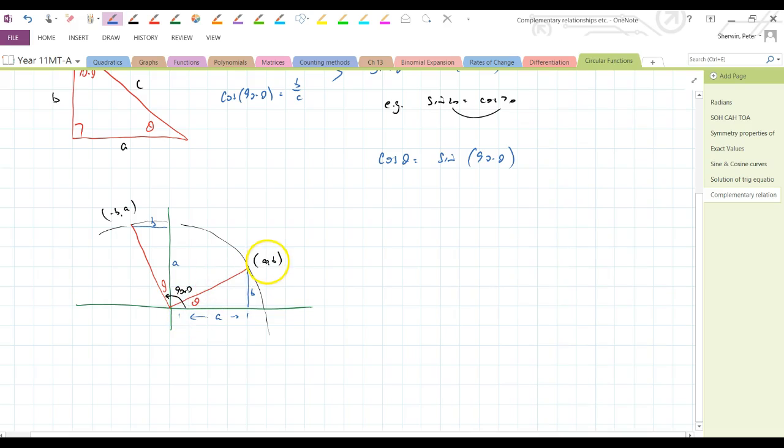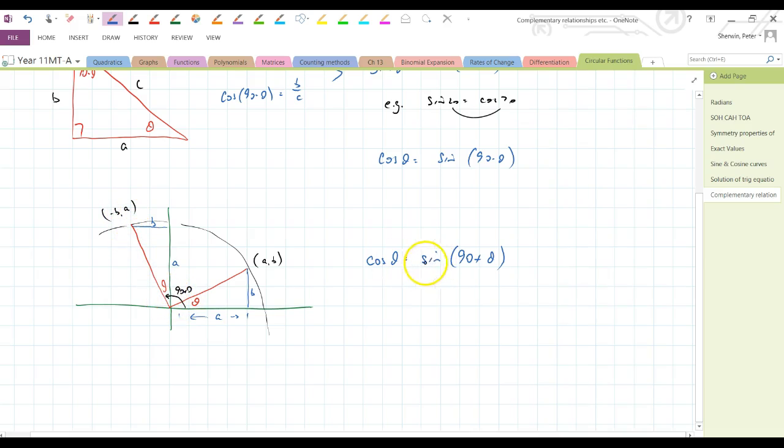So cos theta equals A, but A is also equal to sine of this angle here, 90 plus theta. So could we say that cos theta is equal to sine of 90 plus theta? You see that? Cos theta is A, and sine of 90 plus theta is also A.